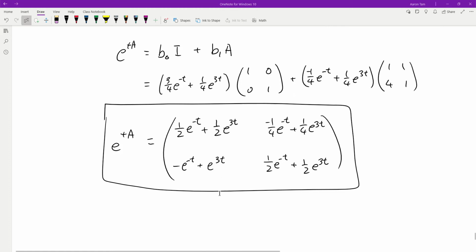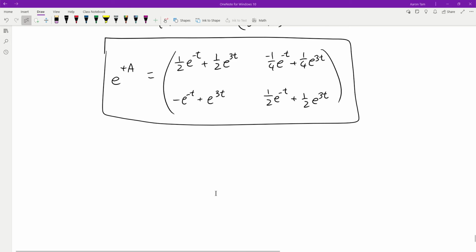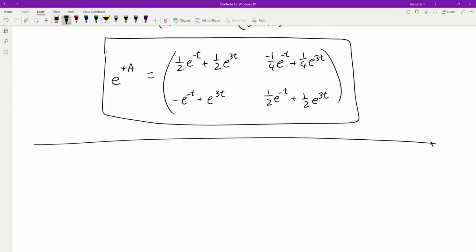So our next example is going to be on a matrix that has complex eigenvalues and eigenvectors. Here's our next example. We're going to let matrix A equal [1, -1; 1, 1].